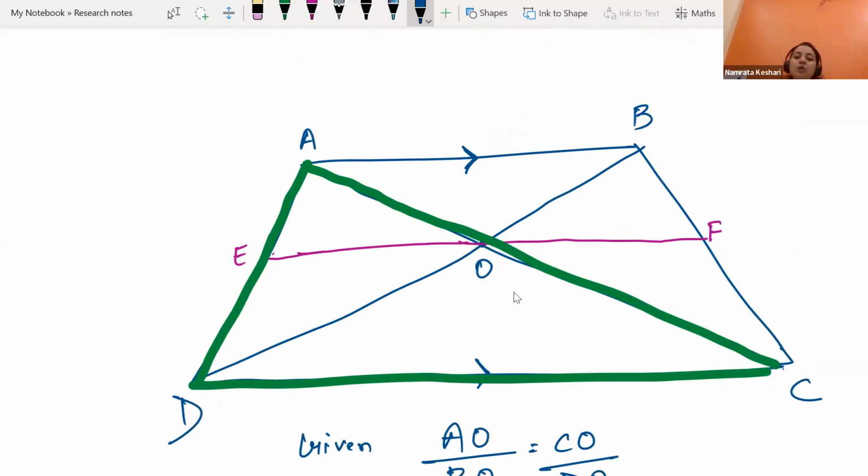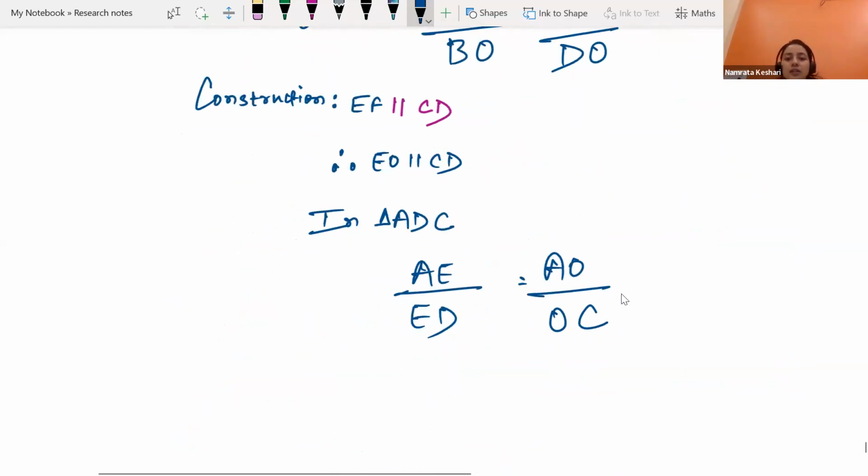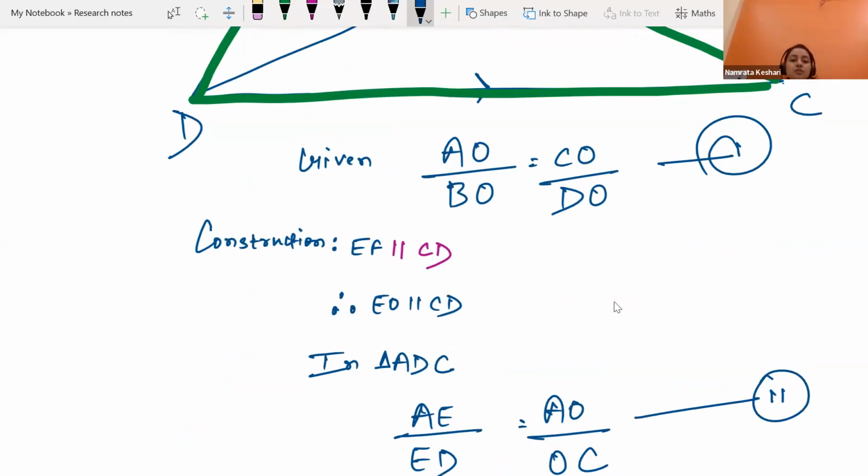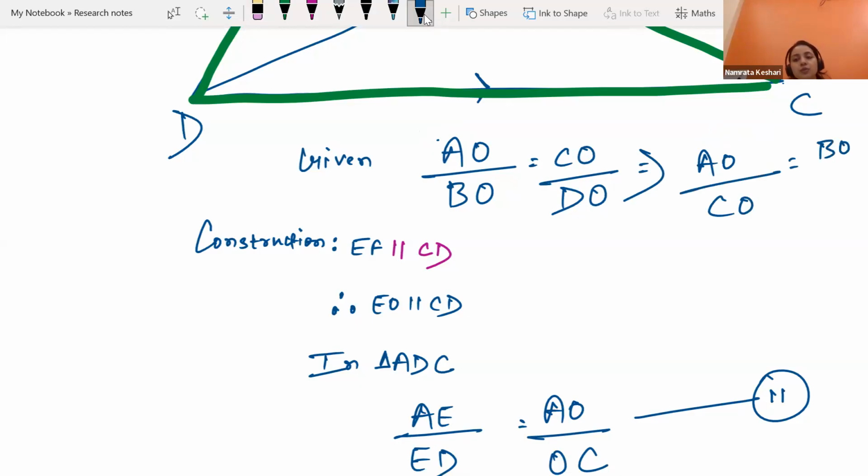Okay, now let's call the given one equation 1, and whatever we found according to our construction, let's call it equation number 2. Rather than calling this one equation number 1, we can write it as AO by CO is equal to BO by DO.